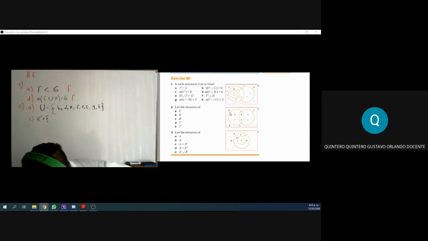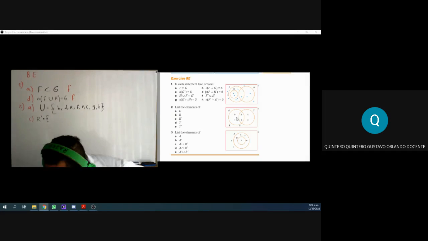If you look closely at the R circle, it contains the letters D and E. These two are part of R. So you are not going to include any of these four.